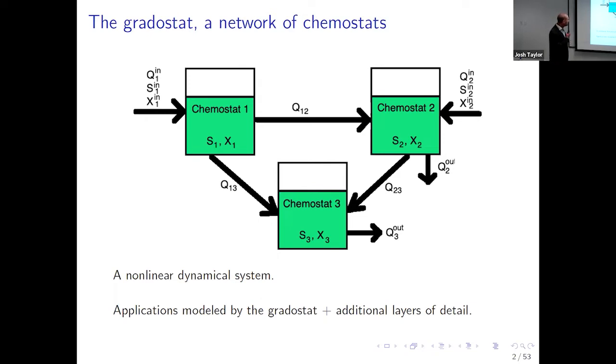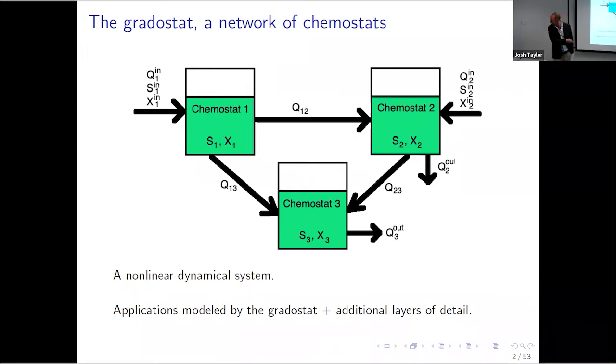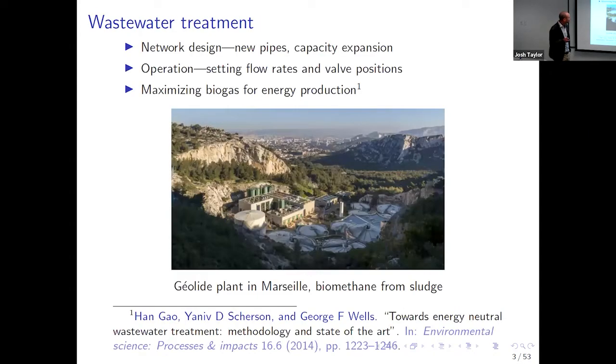And the reason it's interesting is, one, it's a nonlinear dynamical system of some genuine classical interest on its own. And also, there are a number of relevant applications that we can really think of as the gradostat plus extra layers of modeling detail. And there's quite a few.